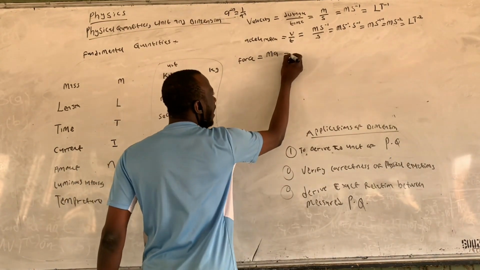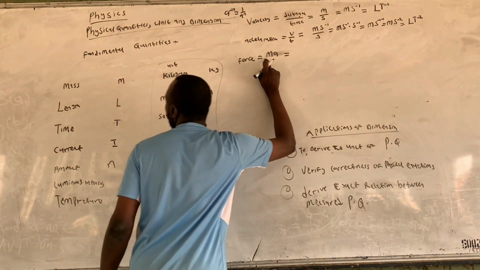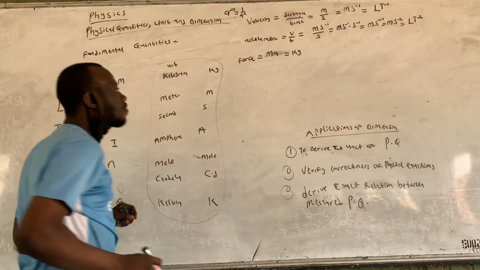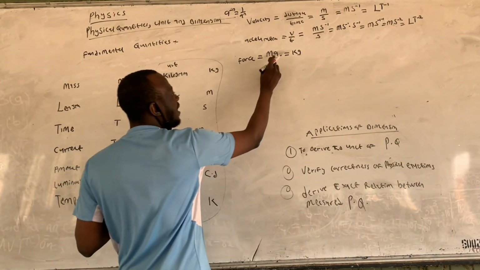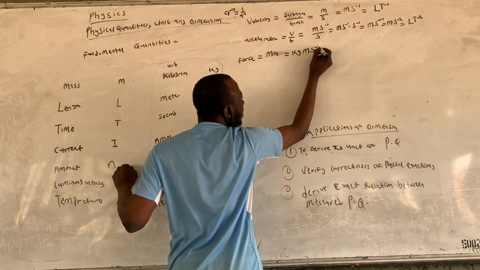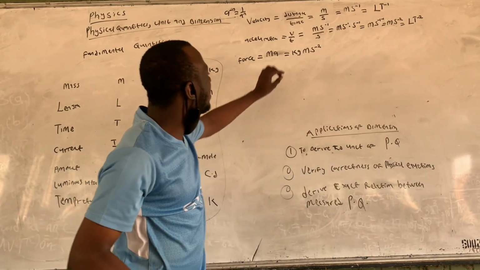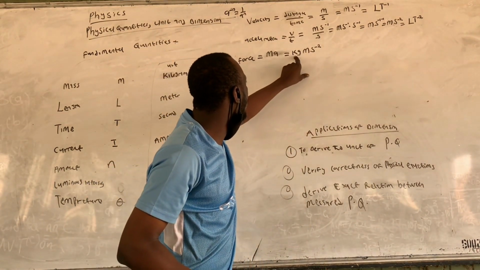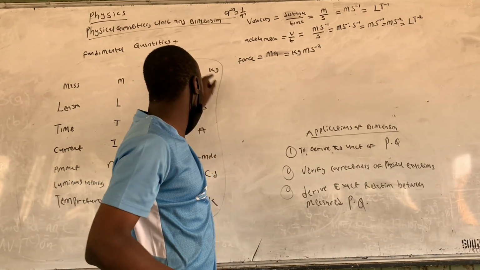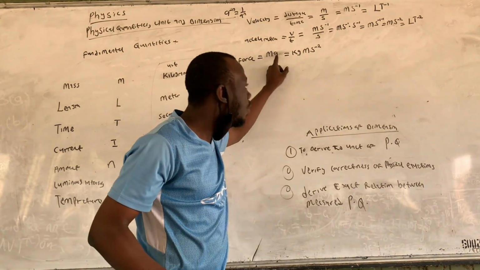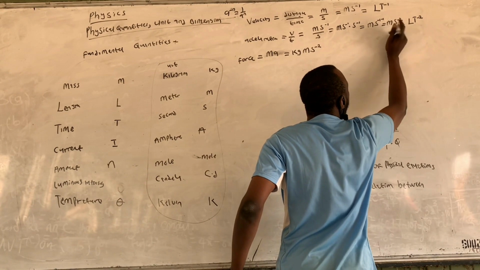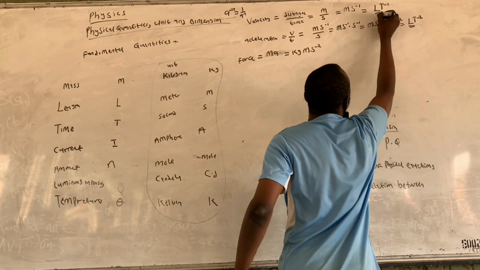Remember now that the SI unit of mass is kilogram, kg. And the SI unit of acceleration here is meter per second square. This is the SI unit of force. Force is mass times acceleration, and mass is in kilogram, multiplied by acceleration, which is in meter per second square.